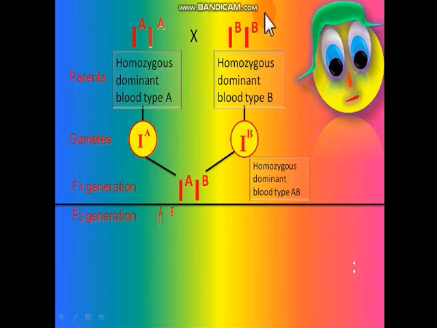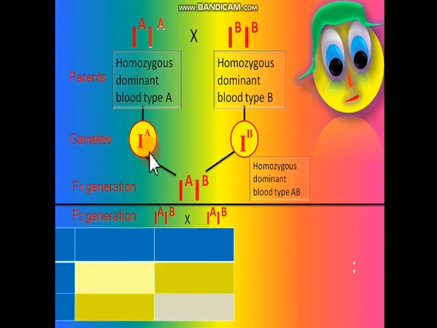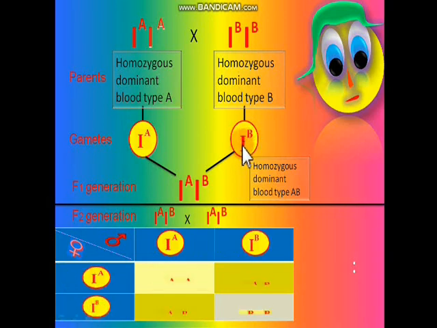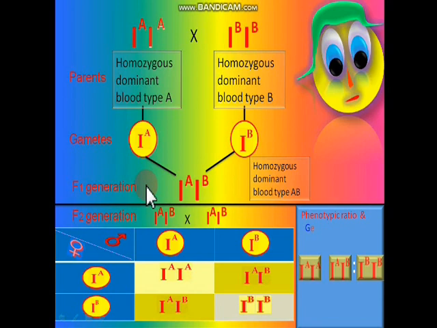Alleles means genes. So here dominant parents are participating. Then in the gametes, this gamete receives IA, the dominant gene. Here the other gamete receives the dominant gene IB.